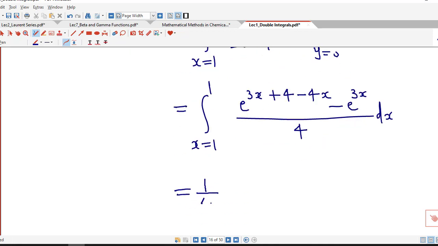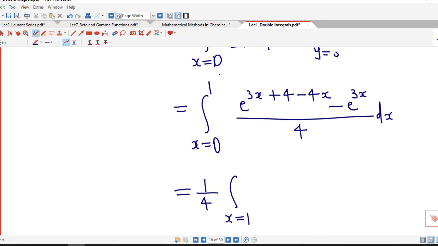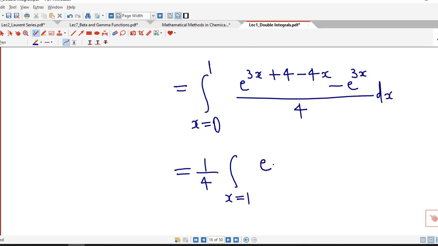So we can take 1 by 4 outside, and here we have limits of x from 0 to 1, and this is going to be e raised to 4 minus 4x plus 3x, that is e raised to 4 minus x, minus e raised to 3x, integral with respect to x.